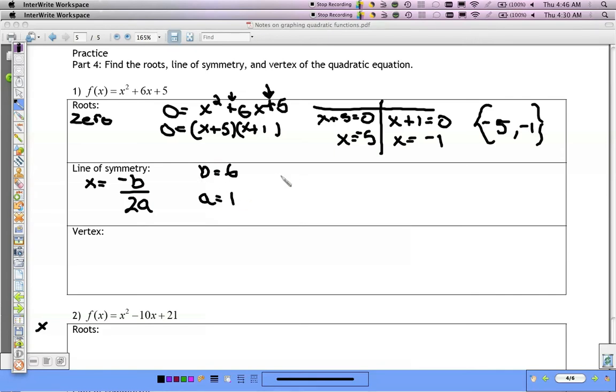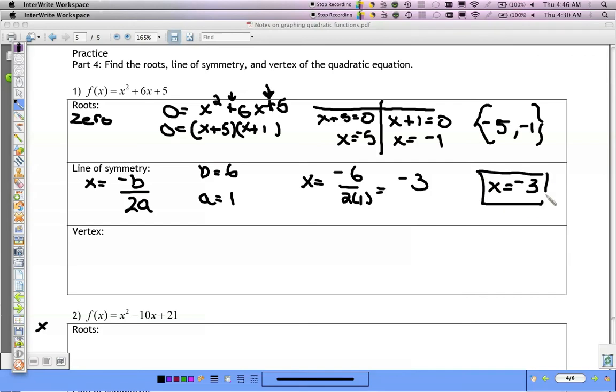So plugging that in, I have x equals negative 6 over 2 times 1, which is of course negative 6 divided by 2, which is negative 3. So my line of symmetry is x equals negative 3.